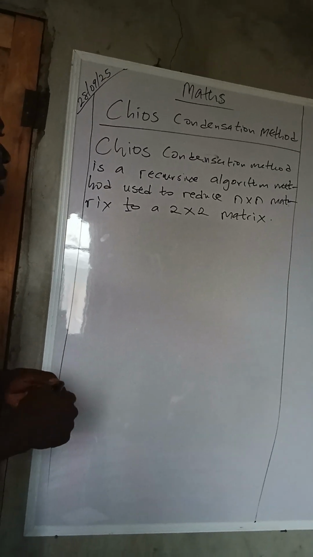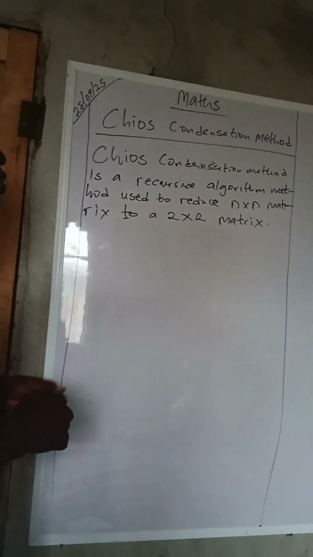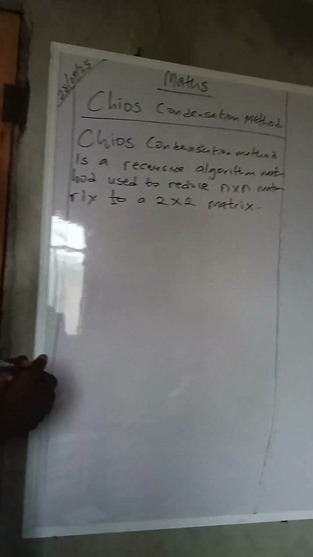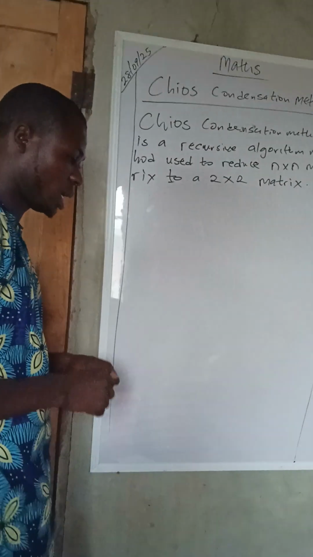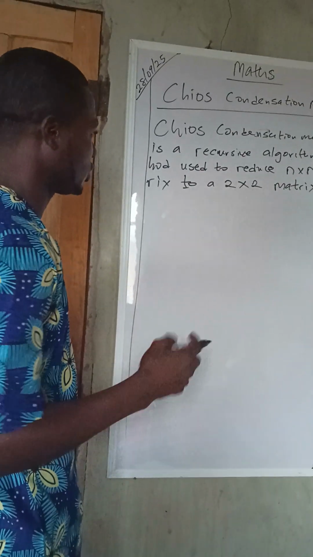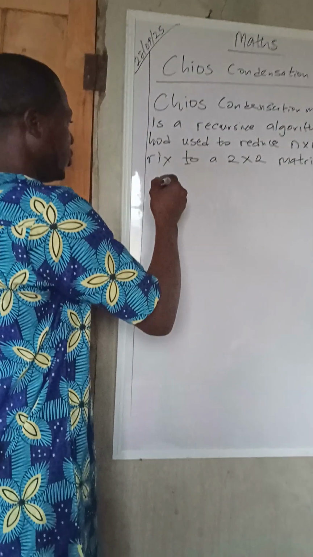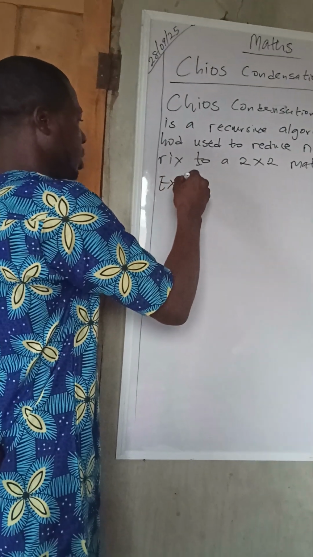So now, to get better understanding about this topic, we can take example. So we are going to find a determinant of a 5 by 5 matrix. Given example 1, I'm going to take just one example.